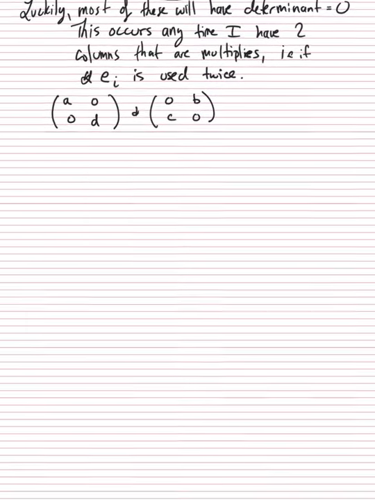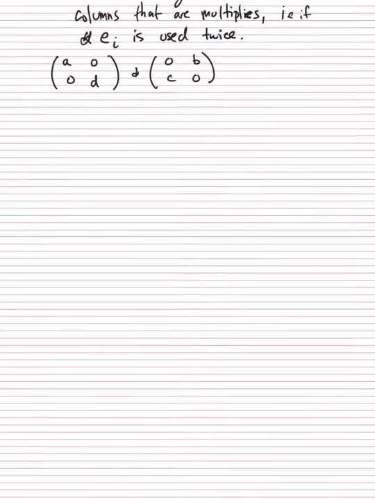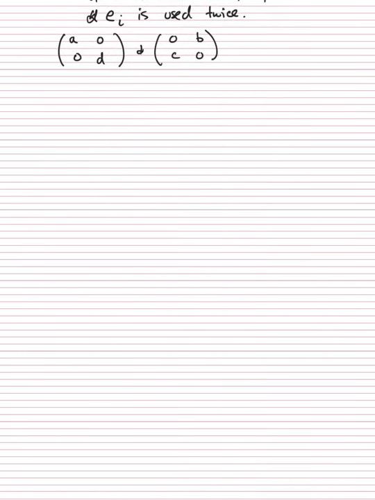In this case, we know this one. By linearity, this has to be AD. And here, we switch the columns. So this determinant has to be, by linearity plus switching columns, negative BC.